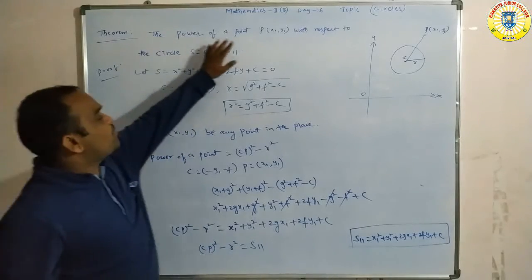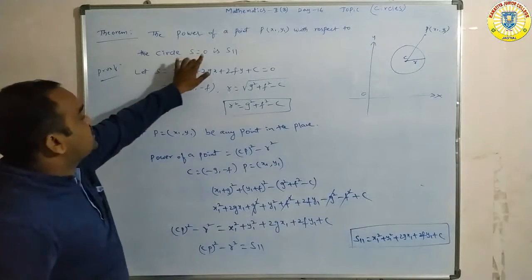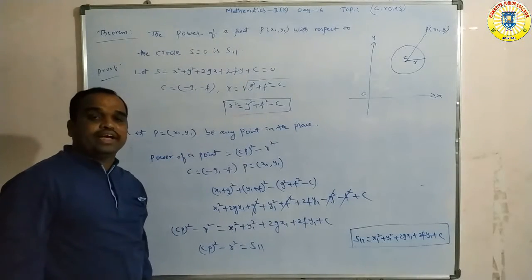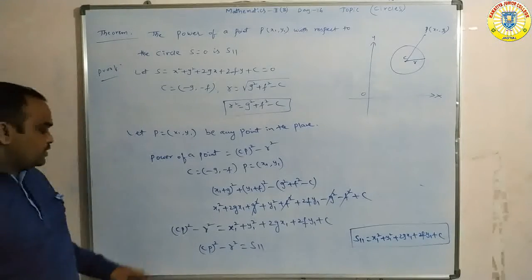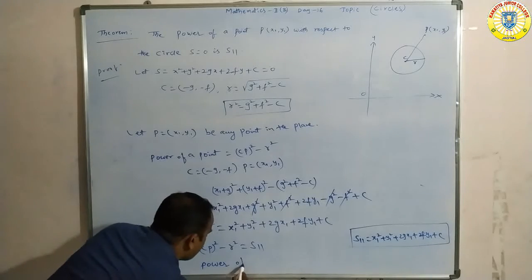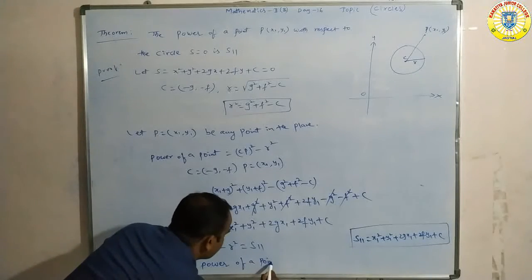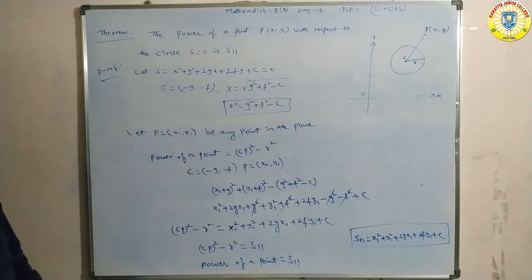The power of a point P of x1 comma y1 with respect to the circle S is equal to 0 is S11. Write this down clearly, all of you.